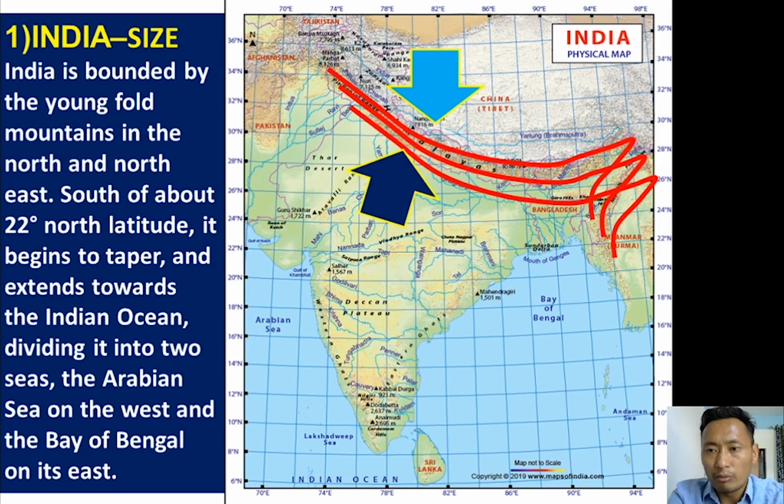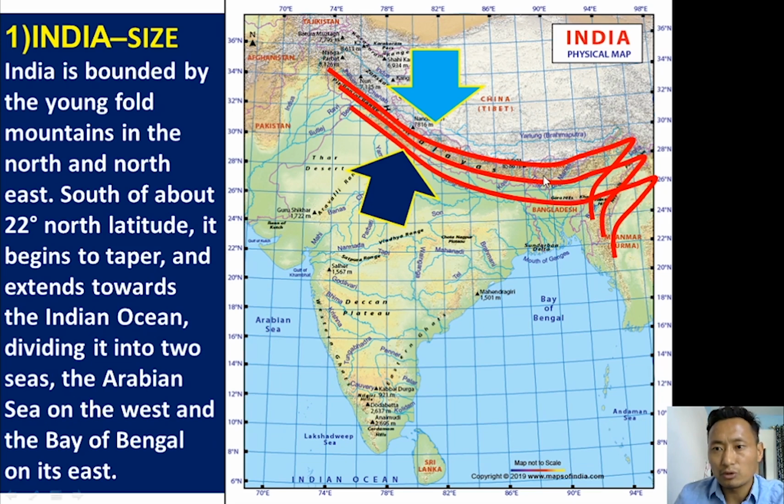These Himalayan mountains are formed because of the convergent movement of two tectonic plates, the Indian plate and the Eurasian plate. These two plates converge or collide with one another, and since the Indian plate is much heavier or denser, it moves under the Eurasian plate, and it gave rise to the Himalayan mountains.